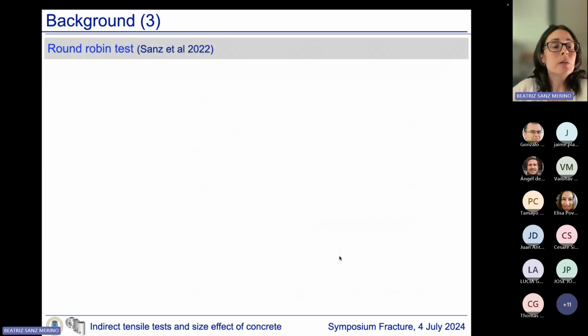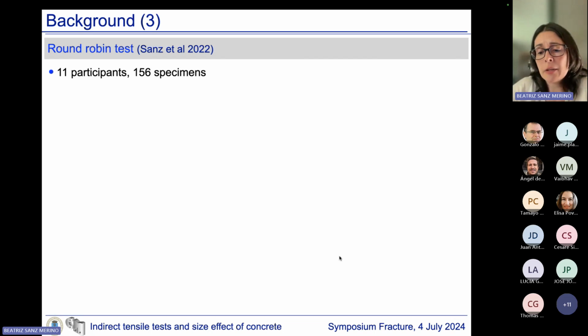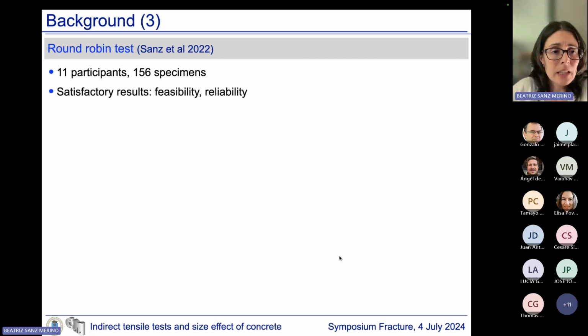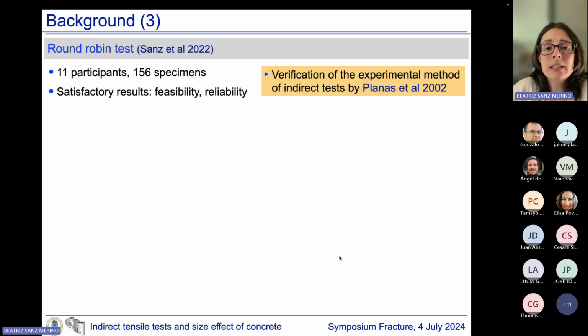This method was verified by performing a round-robin test in collaboration with 11 participants, and 156 specimens were tested. The results were satisfactory about the feasibility and reliability of the method, and moreover, it provided the opportunity of verifying the experimental method of indirect test proposed by Planas et al.